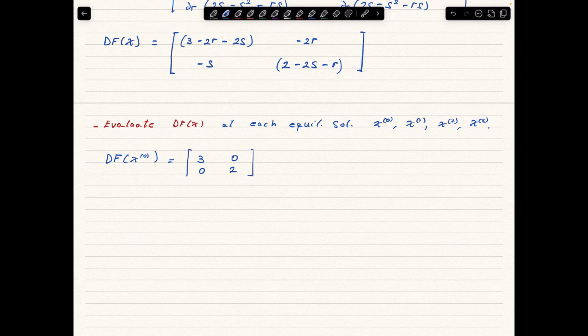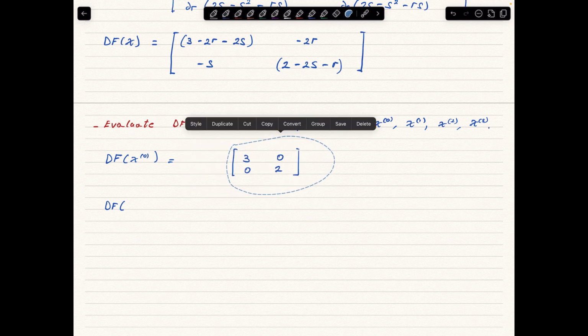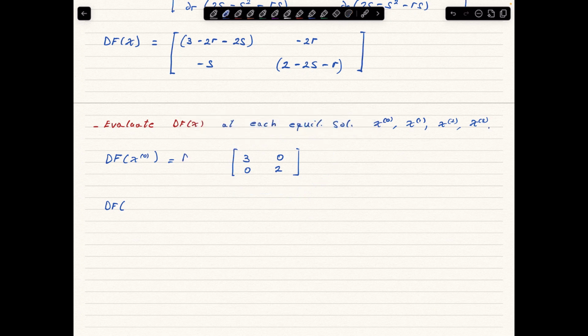Okay, what is the other one? The other one is the derivative matrix at the point, well, let's emphasize which point we are working with, so we try to be as clear as possible. This is the derivative matrix at 0, 0.